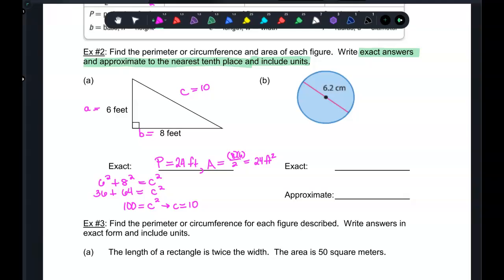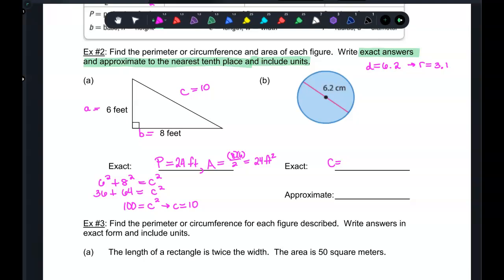We're going to see on the next one, 6.2 centimeters is the radius or diameter? Diameter. So if the diameter is 6.2, the radius would be half of that. Remember the relationship? First let's do circumference. If it says exact, when it comes to circles, I'm going to have pi in my answer.